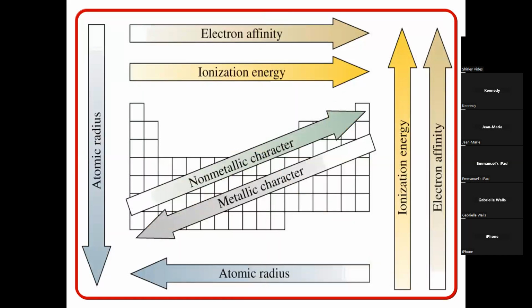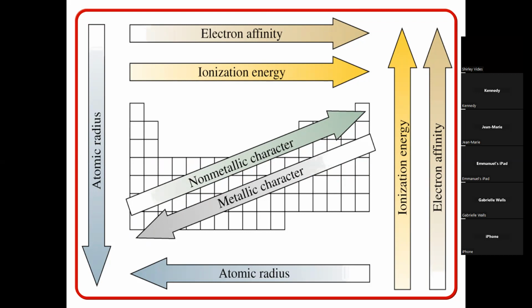And here's a last look at those trends. Then you have metallic and non-metallic character. Non-metallic character increases towards the upper area of the right side of the periodic table, because all the non-metals are on that side.